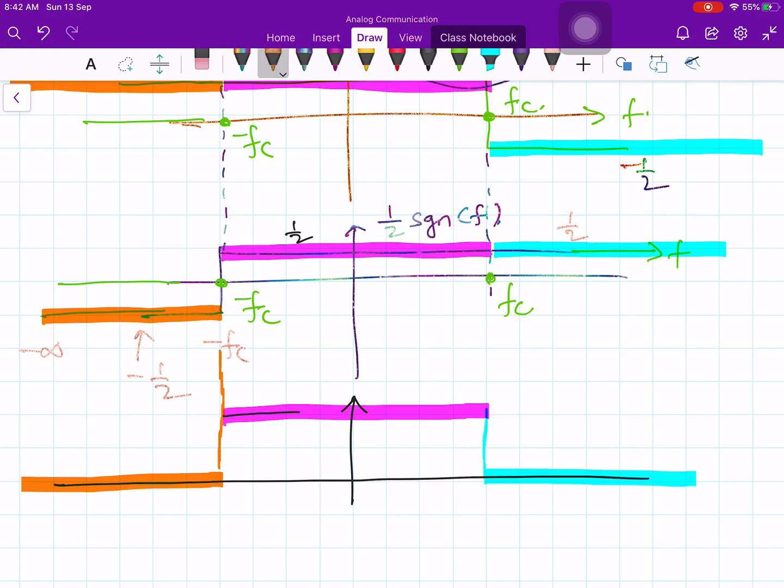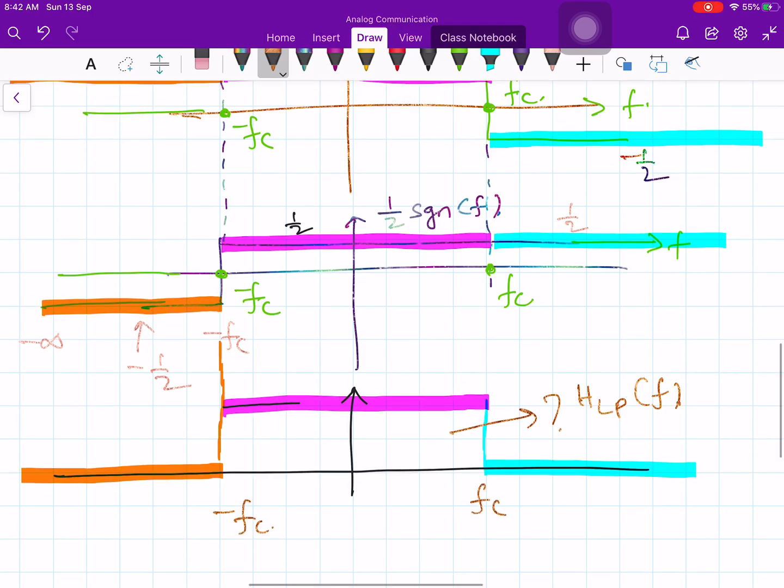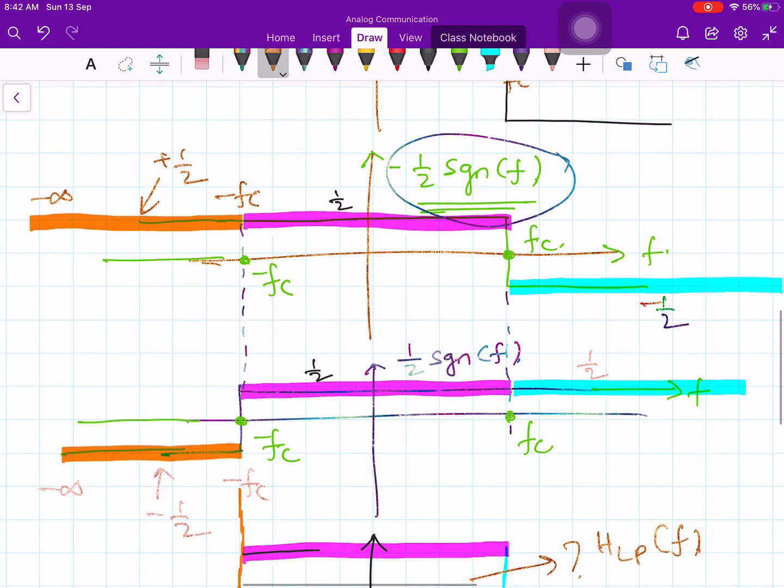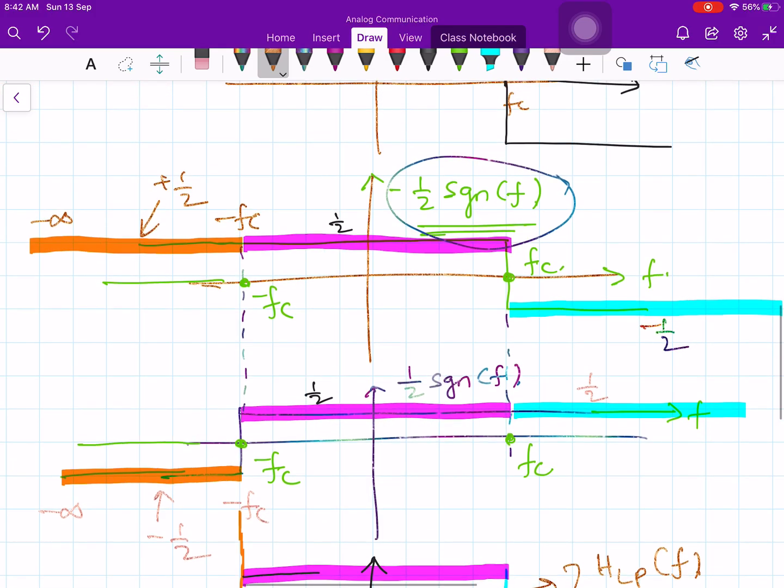Therefore, what is this? This is the low pass filter of cutoff frequency Fc and minus Fc. Therefore, my low pass filter can be written in terms of two signum functions. One is delayed by Fc and another one is advanced by Fc. Sorry, I wrote this wrongly.